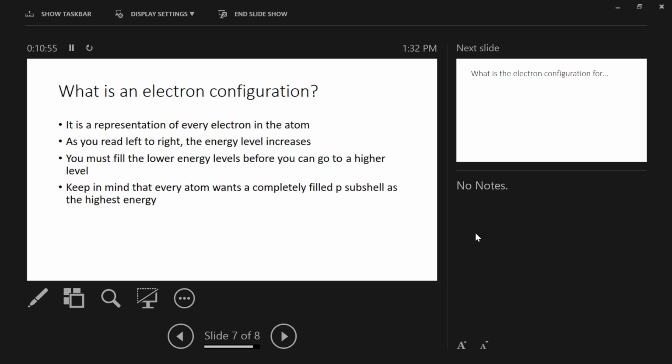That's something to keep in mind as you work through your homework for this chapter, and for the rest of this school year, because this drives a lot of the reason why elements behave the way that they do. Atoms want a completely filled p subshell as the highest energy.